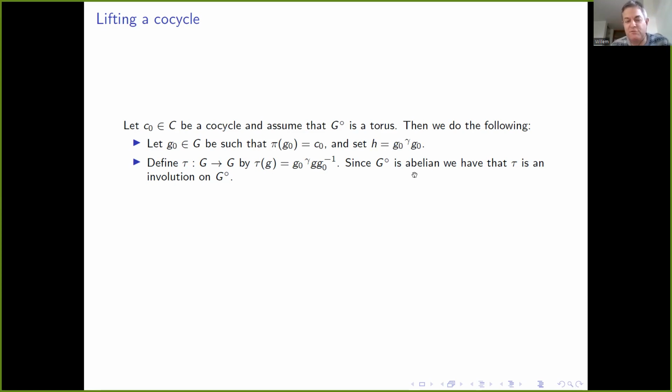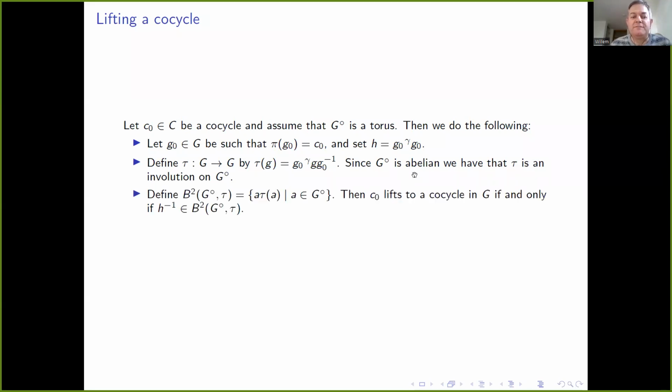This is again an involution on the torus. Okay, so we have a new conjugation. And with respect to the new conjugation, we define a set B2, which is here, well, whatever it is. And it's not easy to see that C naught lifts to a cocycle in G if and only if this h inverse lies in this B2.